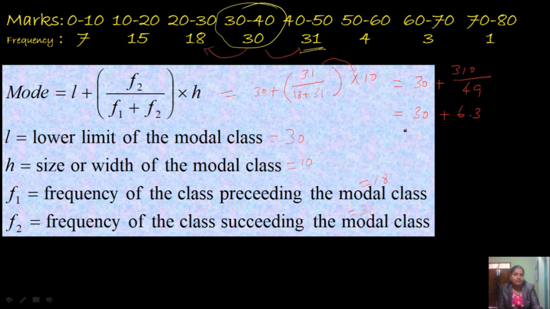When you add 30 with 6.3, we have 36.3. So our mode is equal to 36.3.